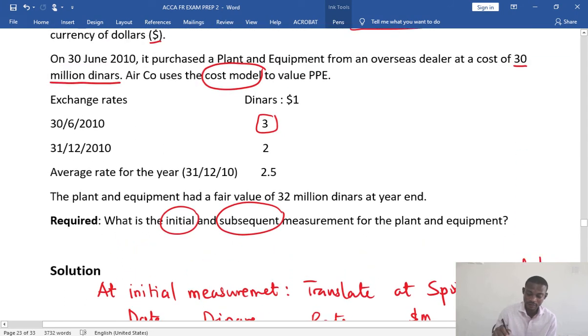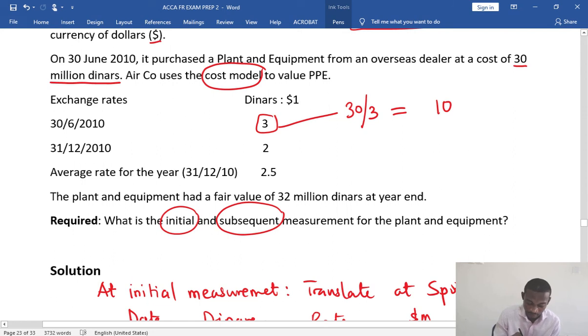So I'll just do it simply here. If they were to be using a revaluation method, this is what will happen. On this date, the translation would be 30 divided by 3, and that will give us 10.